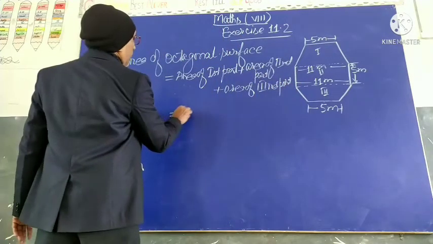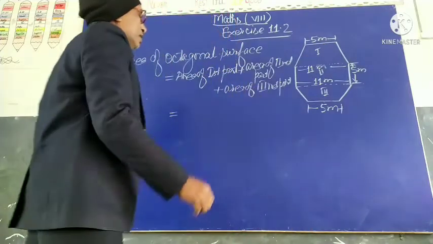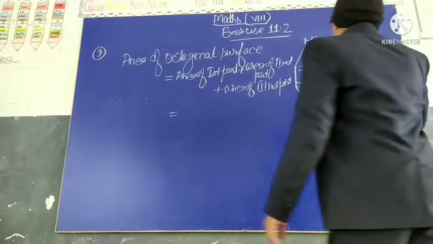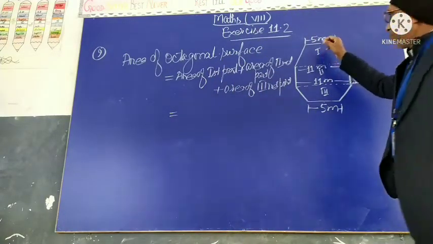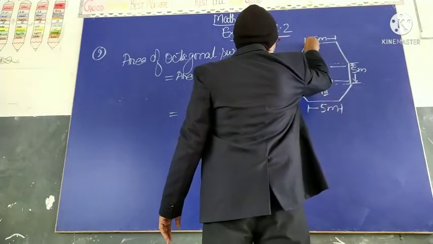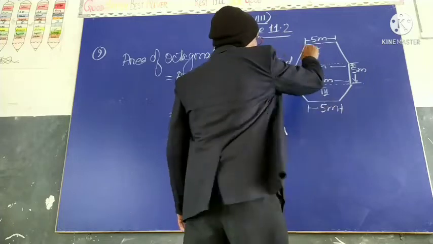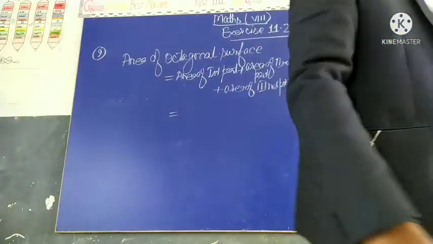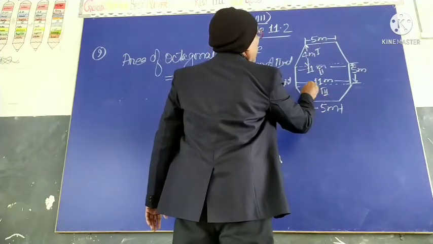Area of first part is, since this is in the shape of a trapezium, you use the area of trapezium formula: 1/2 sum of the parallel sides into distance between them. Distance between them is given 4 meter. If this is 4 meter, then this is also 4 meter.